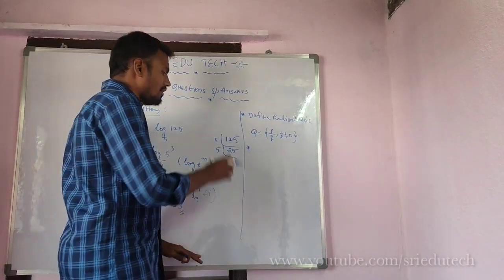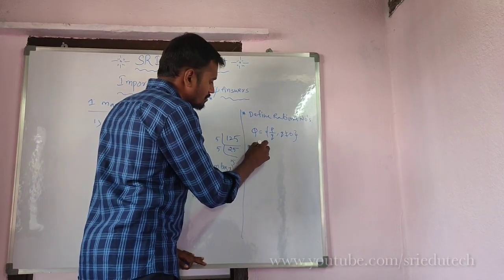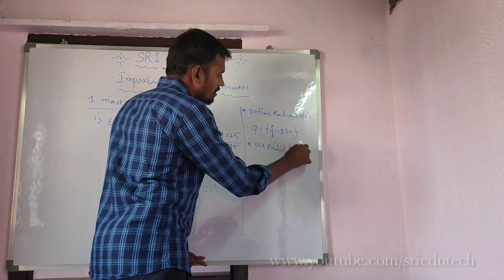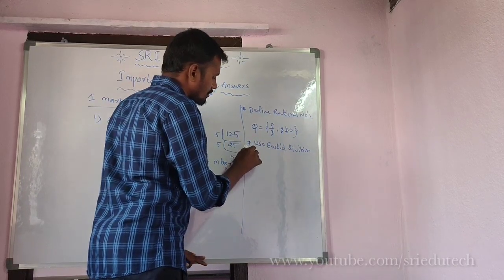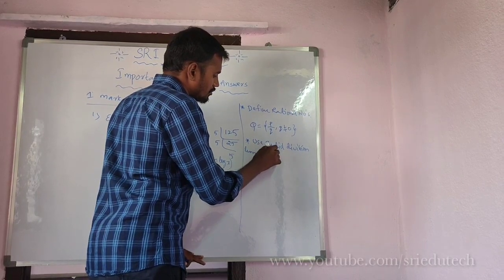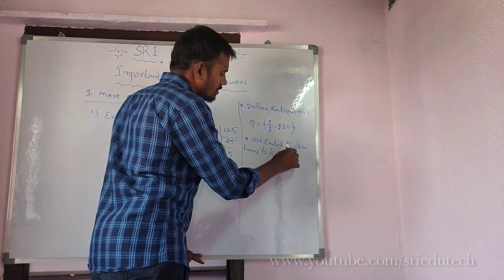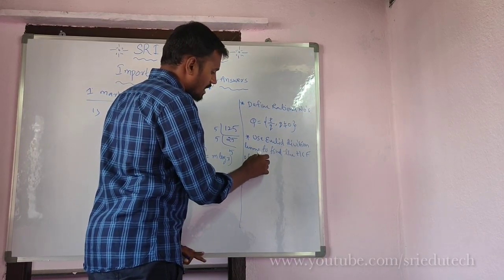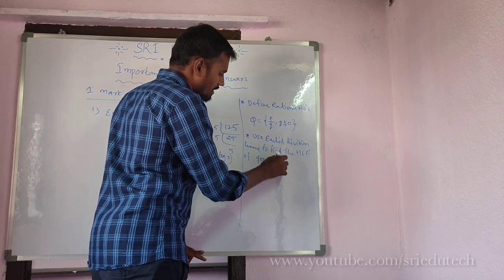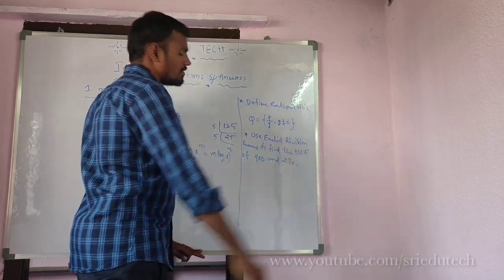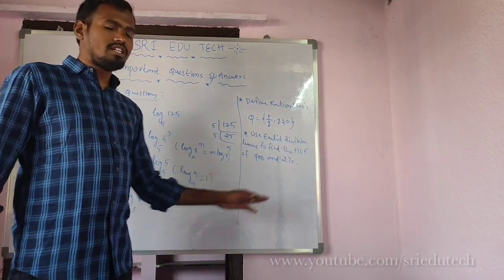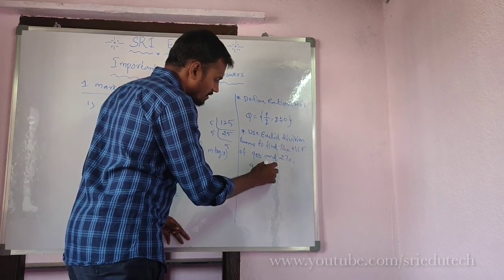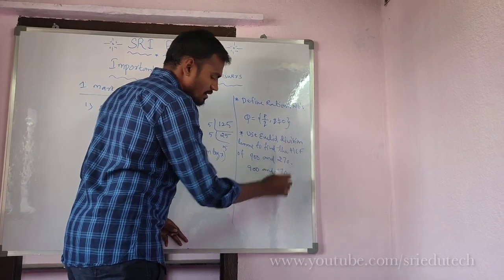Next question. Use Euclid division lemma to find the HCF of 900 and 270. It is very easy. Take the numbers 900 and 270.